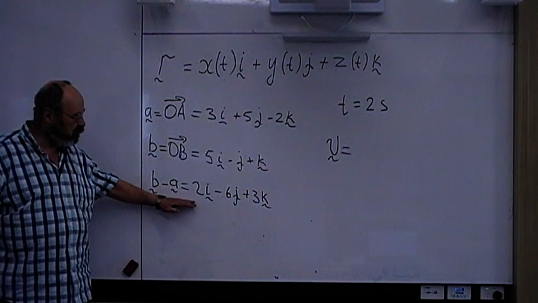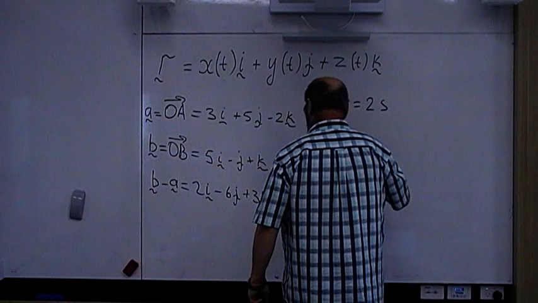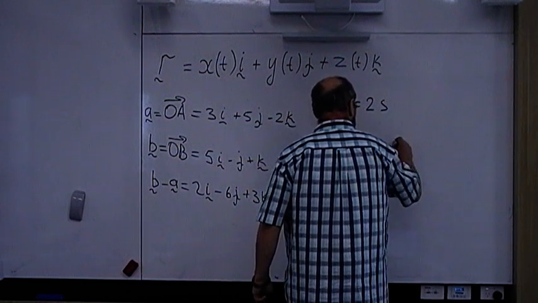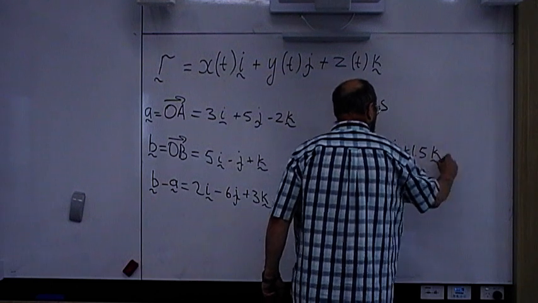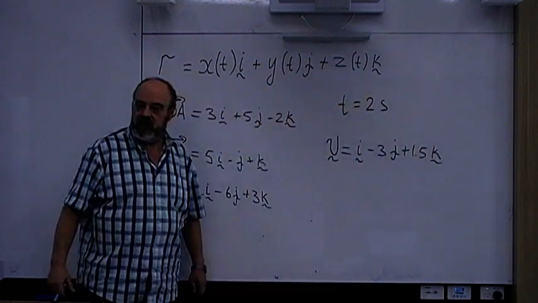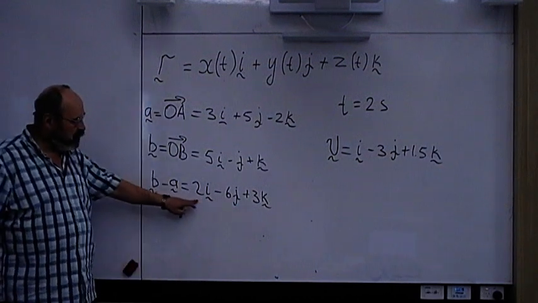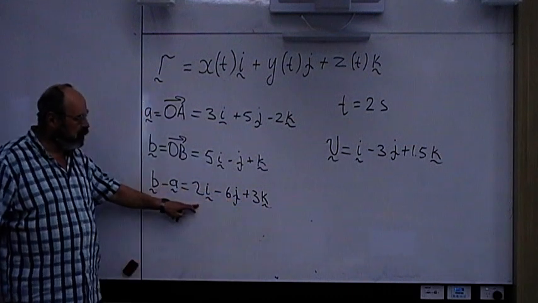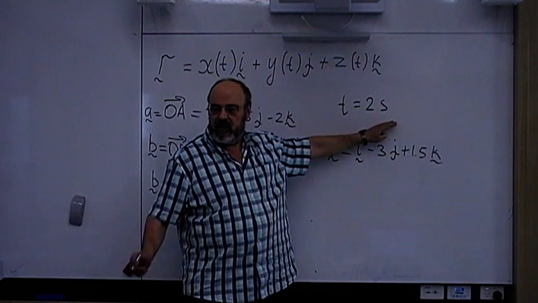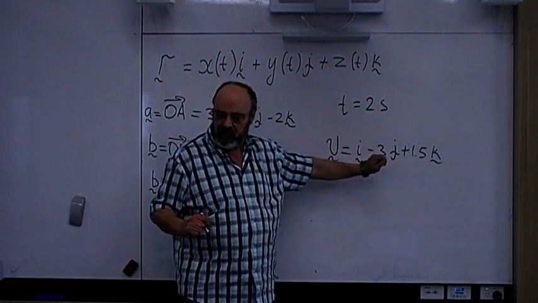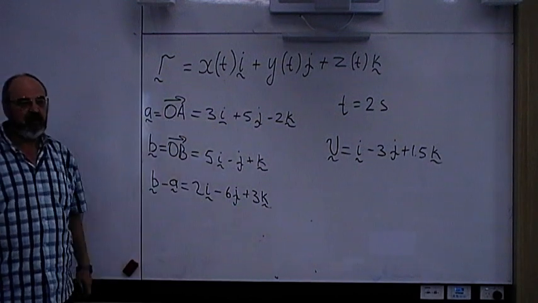So we divide this displacement vector by 2 seconds, and we get velocity equals i minus 3j plus 1.5k. That will be the velocity vector. We divide it because this change in the position, which is displacement, happens over 2 seconds, and velocity is displacement over time.